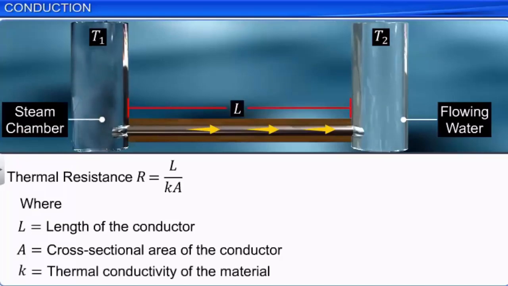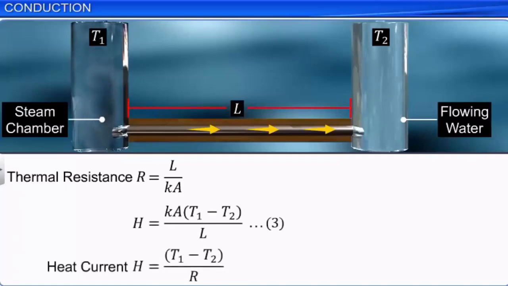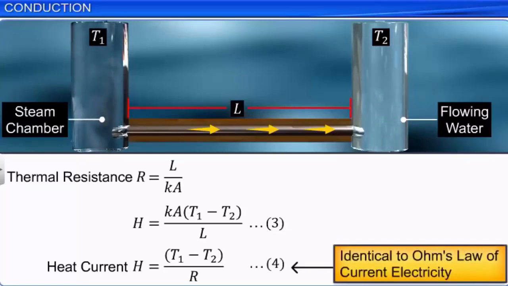Now, equation 3 can be written as heat current H is equal to T1 minus T2 by R. Let this be equation 4. Equation 4 is identical to Ohm's law of current electricity.